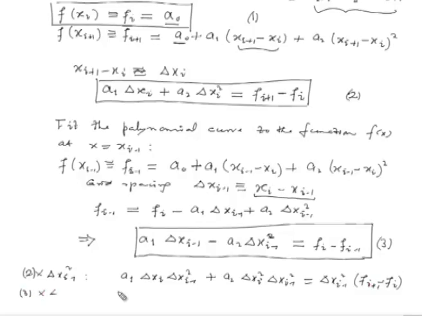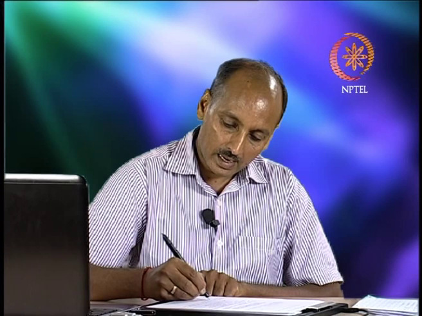Equation 3 times delta xi squared, that will give us a1 times delta xi squared delta xi minus 1 minus a2 times delta xi squared delta xi minus 1 squared is equal to delta xi squared times fi minus f of i minus 1.